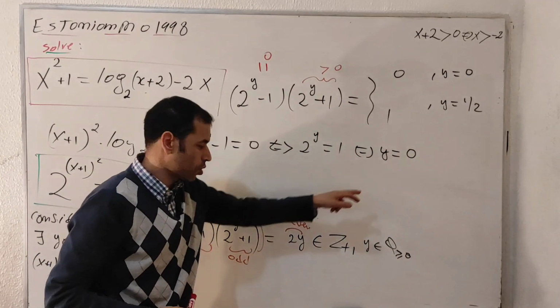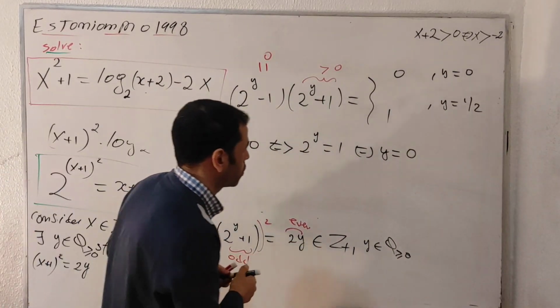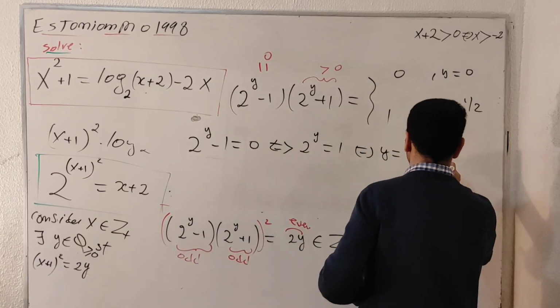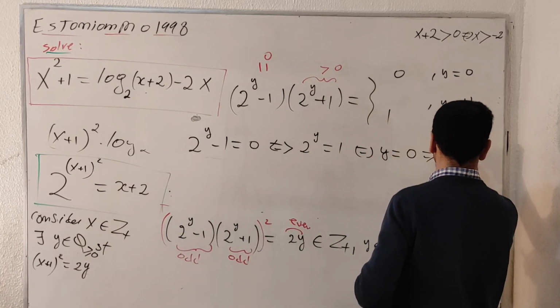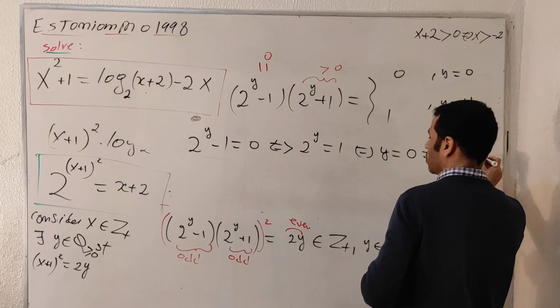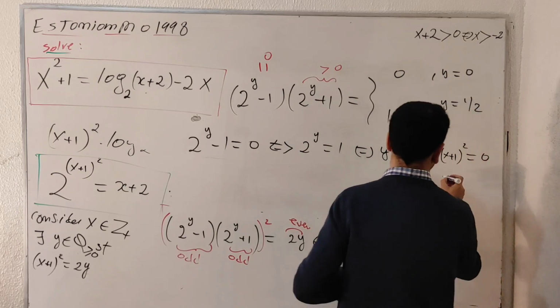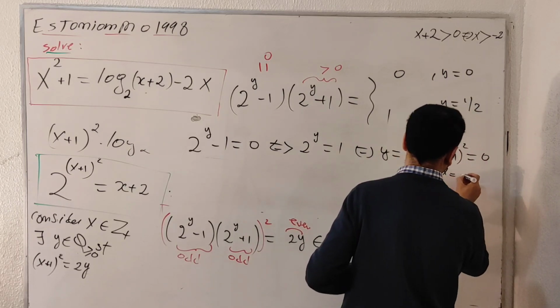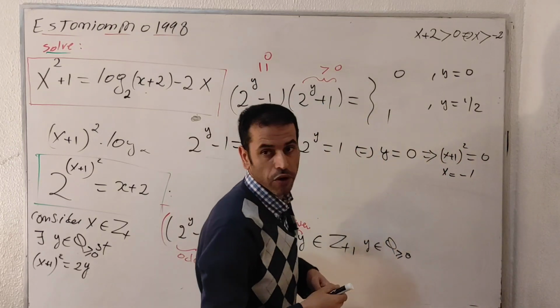So we have y equals 0 by using this substitution, which means (x plus 1) squared equals 0. In other words, x equals minus 1. So we get the first solution.